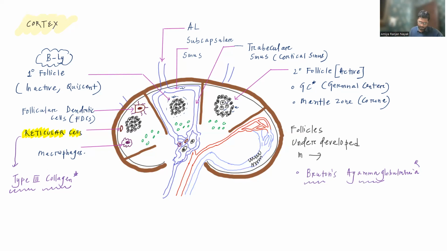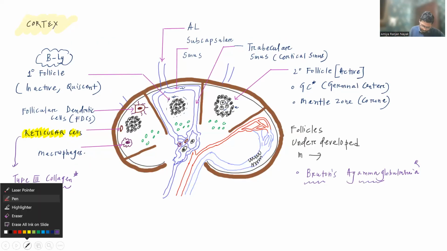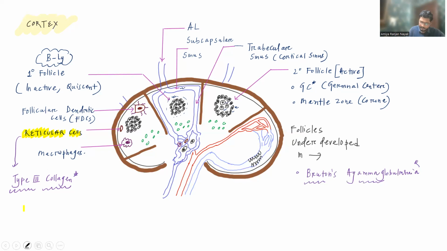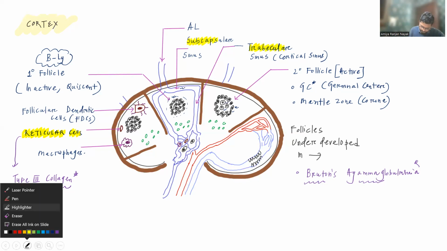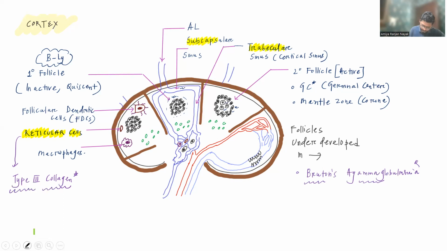If you want to revise, let me revise it again. In the cortex, we are going to find the subcapsular sinuses and the trabecular or cortical sinuses. Then you will have the primary follicles, which contain the inactive B lymphocytes. If they are exposed to antigen, you will also find the secondary follicles, which are active follicles.